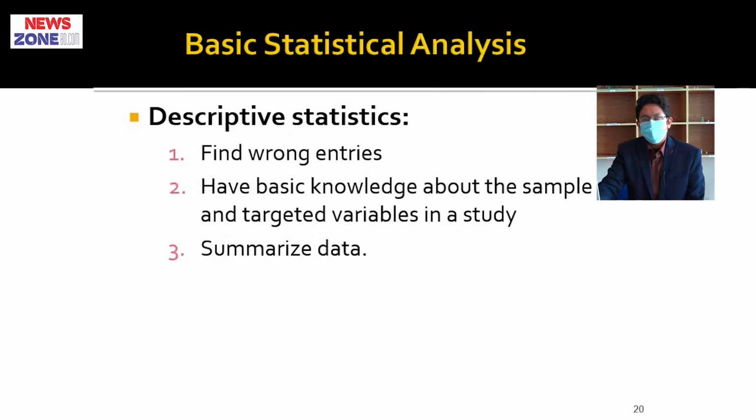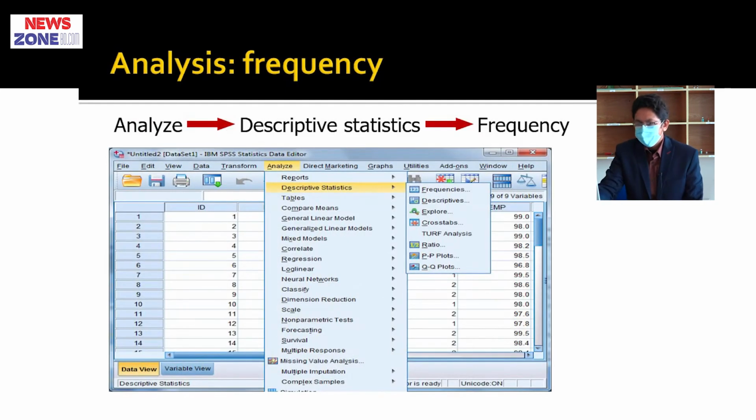Then our last step in the basic use of SPSS is that we have to perform the analysis. First of all, we can perform descriptive statistics. For this, we have to click on Analyze, then Descriptive Statistics, then click on Frequencies.